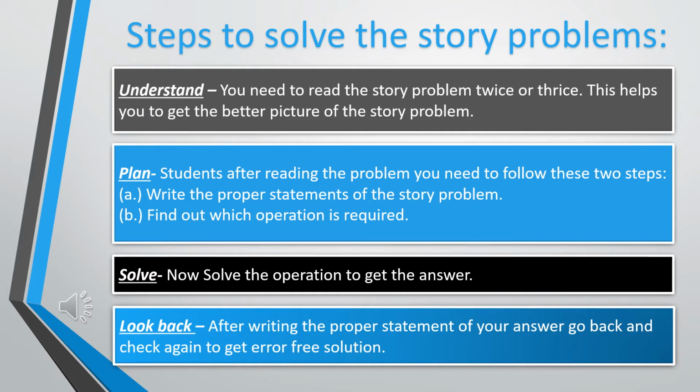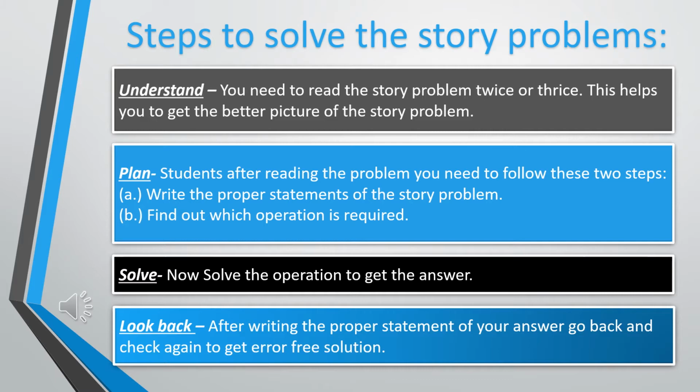So let's understand the steps once again. Our first step is to understand the story problem. You need to read the story problem twice or thrice. This helps you to get the better picture of the story problem.